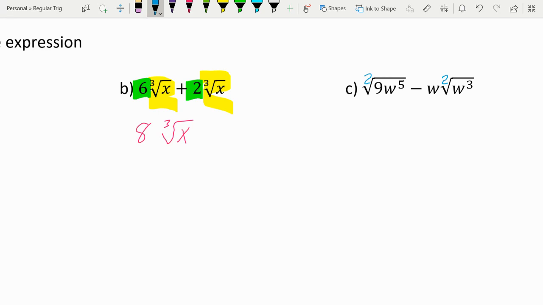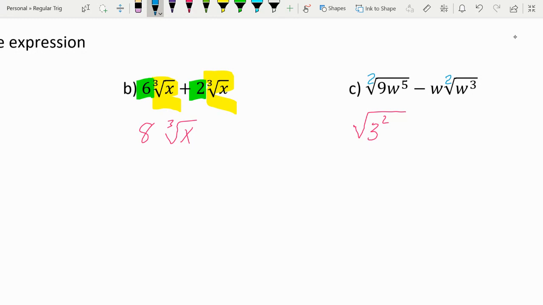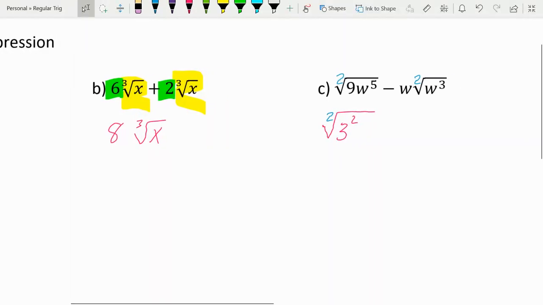Well, what does the square root of 9 mean? Well, 9 just means 3 squared. So we still have that 2 sitting there. And the reason why I rewrote 9 as 3 squared is because I want the index and the exponent to be exactly the same.